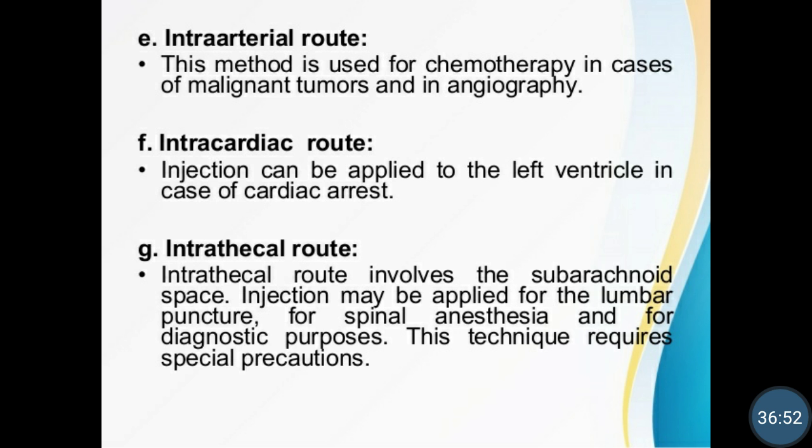So in case of spinal anesthesia, the injections are given by the intrathecal route. Intrathecal means in the subarachnoid space which surrounds the spinal cord. The space around the spinal cord is known as the subarachnoid space. In that space, the injections are injected.